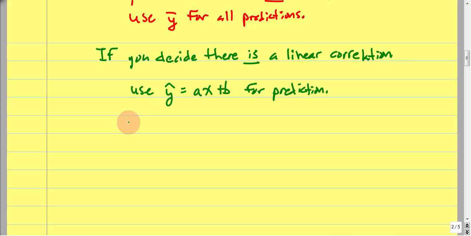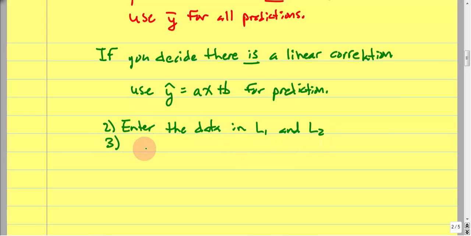Under here, what I would do then is enter the data in L1 and L2, which you probably already have entered if you tested the correlation coefficient. Then we would calculate the line of best fit. Now there are two different ways to do this.